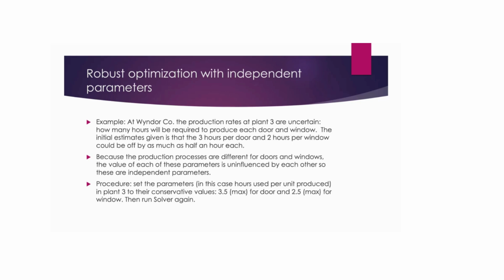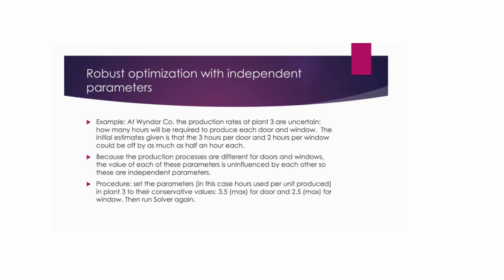For our example, we go back to Windor Company, wherein the production rates at plant 3 are uncertain. Okay, this is about producing doors and windows. Initial estimates were given that 3 hours per door and 2 hours per window could be off by as much as half an hour each.